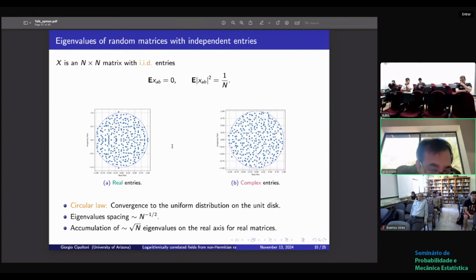I don't know how clear it is from the picture, but on the left you can see some points on the real axis, whereas on the right-hand side for complex matrices there are none, with probability 1.